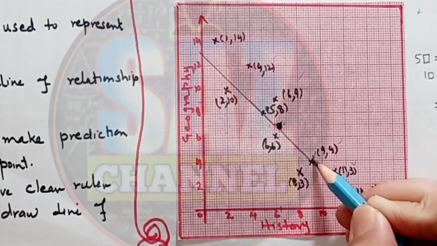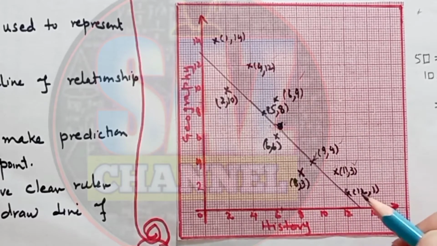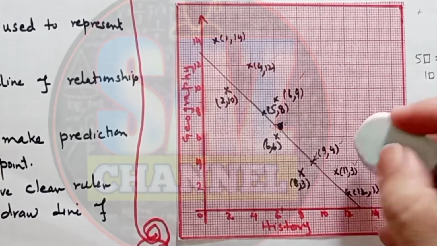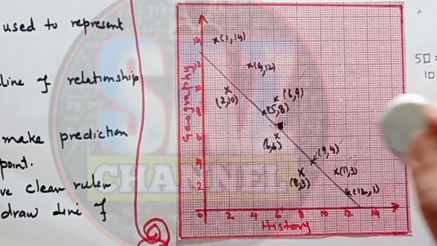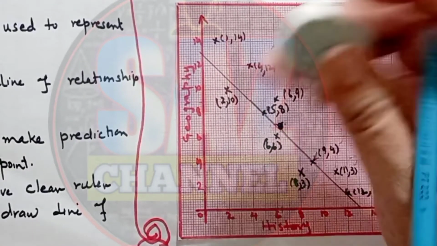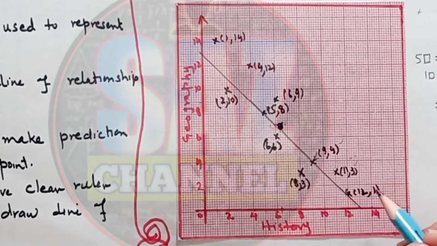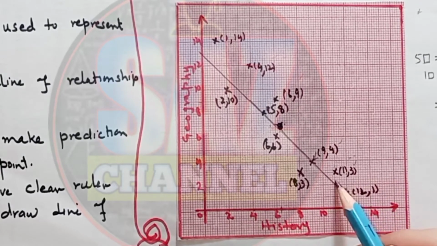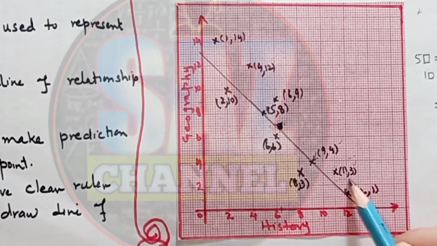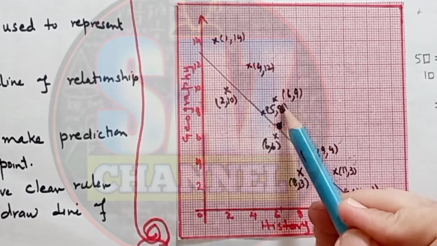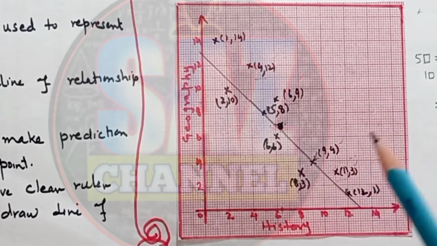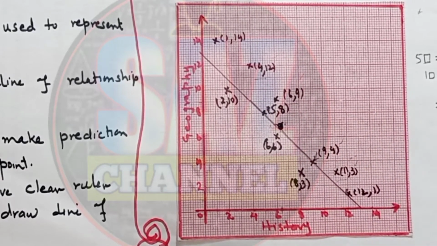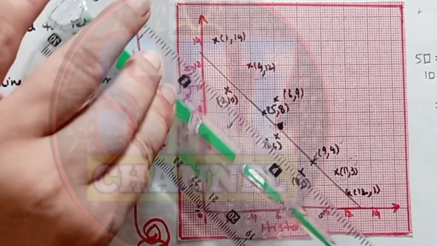This point is on the line, this point is on the line. Okay, so let me check. I should have at least an equal number of points above and below the line. One point above the line is this one, and the second point is this, and third and fourth, so almost an equal number of points above and below the line.